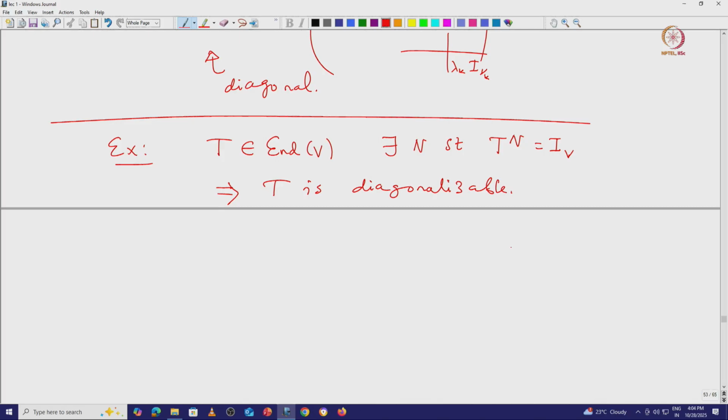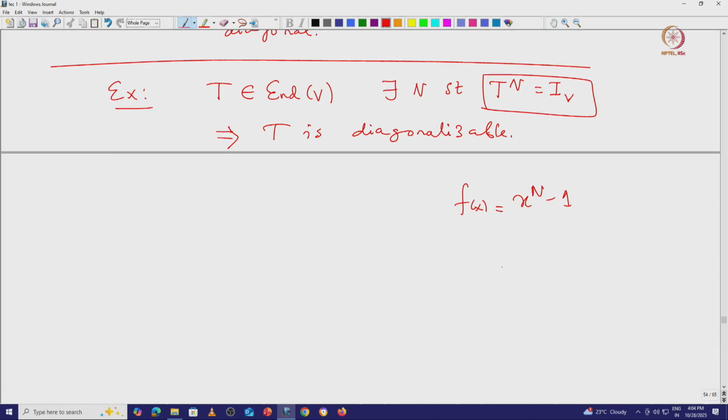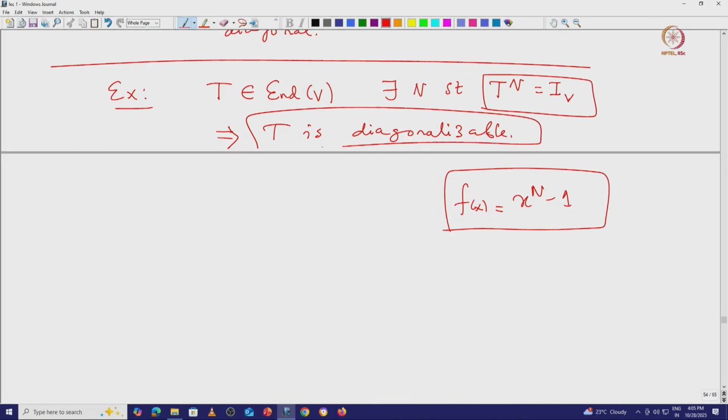That is because T satisfies the equation x power n minus 1, and if you think about it, the roots of this polynomial x power n minus 1 are nothing but the nth roots of unity and they are all distinct. The minimal polynomial is going to divide x power n minus 1, so all the roots of the minimal polynomial must be distinct. That would imply immediately that T is diagonalizable.